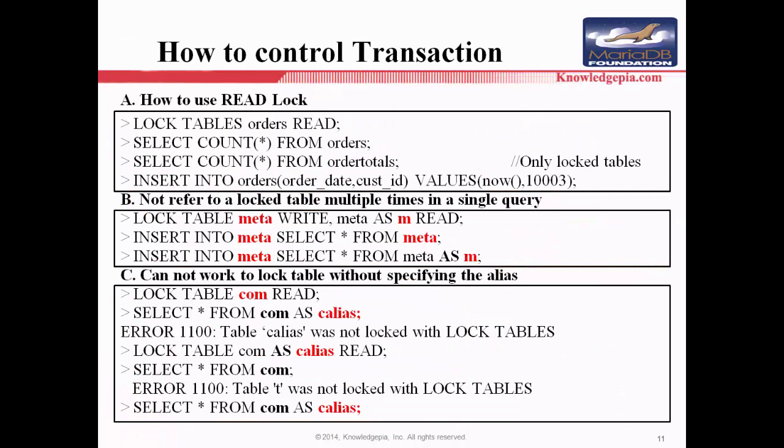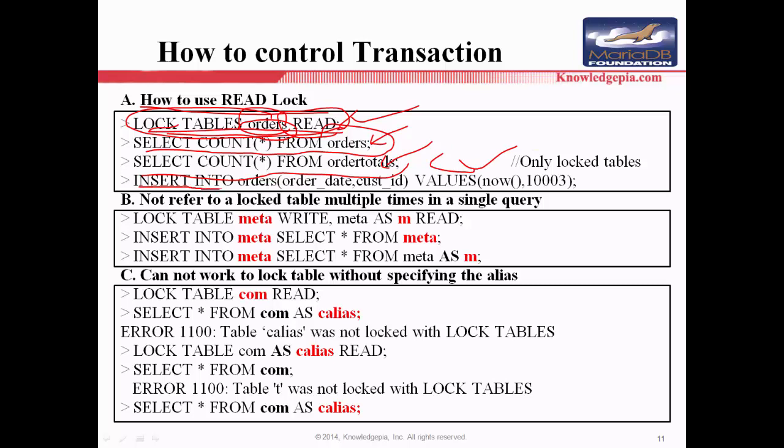So this is an example. First one, how to use read lock. This one, lock table orders. I have the orders table already, so I use the lock type read. In this case, select count asterisk from orders. Select count asterisk from orders. This one I think is no problem without any errors, but you will get an error message when you use other tables, because if we use this table now, only this table can be used, not the other tables, because of this command.